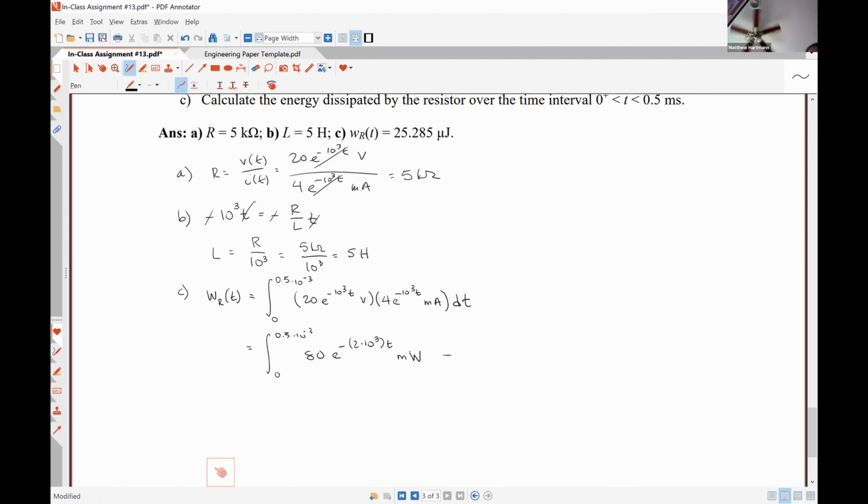And so I'm just going to use my calculator real quick and see what this tells me. So I'm going to have 80 times 10 to the minus 3 multiplied by the integral from 0 to 0.5 times 10 to the minus 3 of e to the minus 2 times 10 to the minus 3 times my variable x.